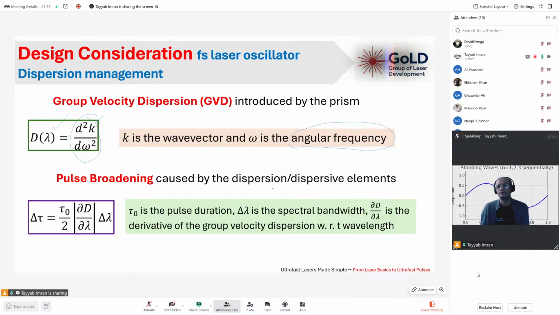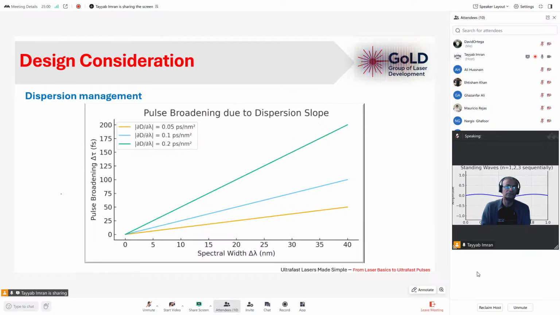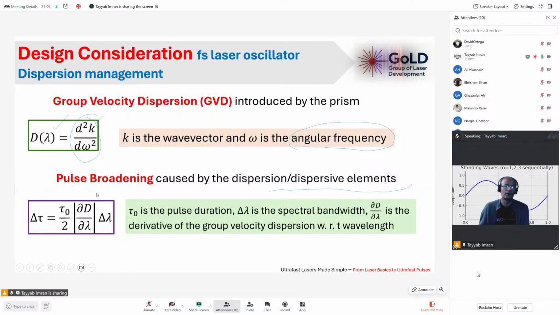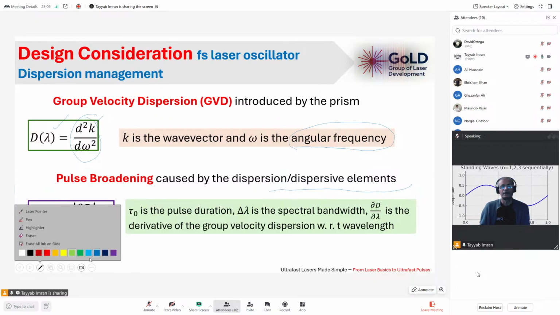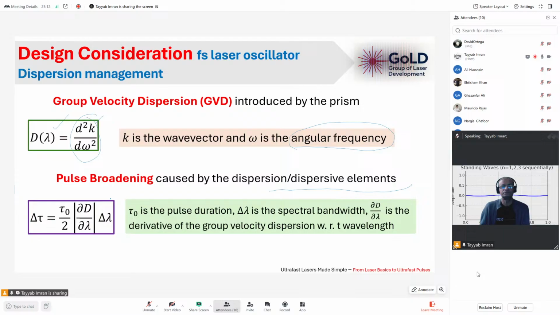Okay, and like here, this equation, what it has: delta tau, tau naught over 2, and this is the partial differentiation with respect to lambda, and delta lambda.